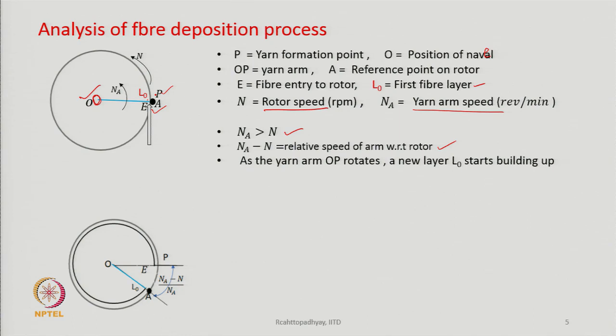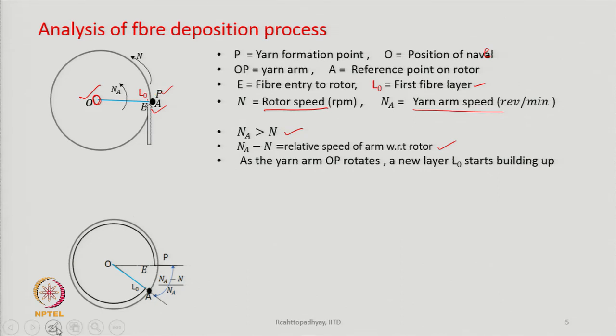So, the P point with respect to the rotor will keep traveling along the periphery of the rotor. So, Na is always greater than N, and the difference between these two is the relative speed of the arm with respect to the rotor. Like the speed of the spindle in a ring frame is different from the speed of the traveler. There is a difference between the speed of these two. Similarly, here also there is a speed difference.